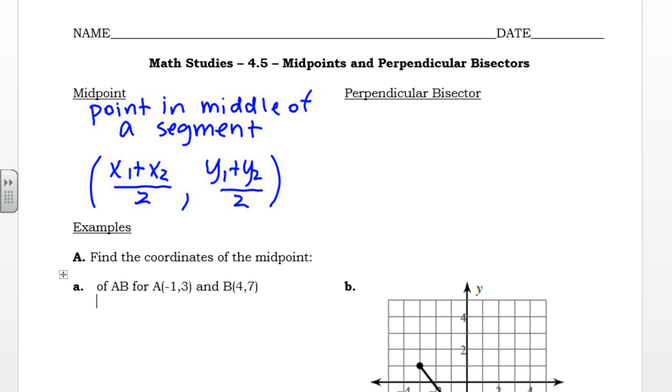And then perpendicular bisector, well, I should say what it is. A perpendicular bisector is when you cut a line in half with another line that's perpendicular to it.